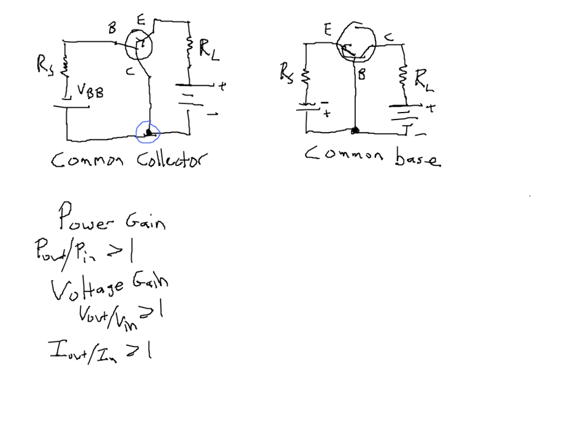So do we want that greater than 1? Okay. There is the input resistance. And the output resistance, or input impedance and output impedance it's sometimes called. And then finally, whether or not the phase is inverted.